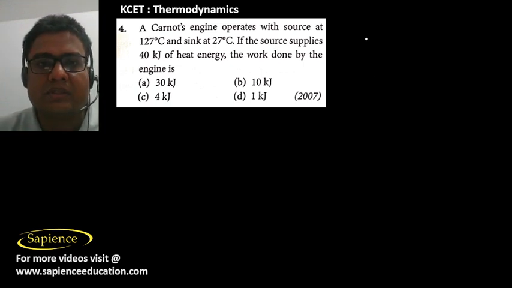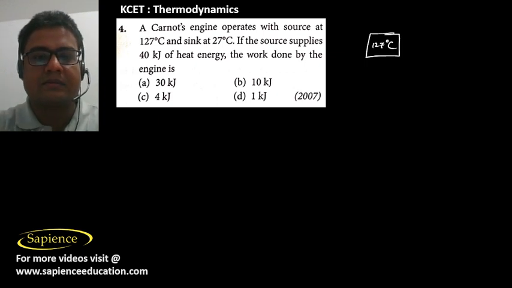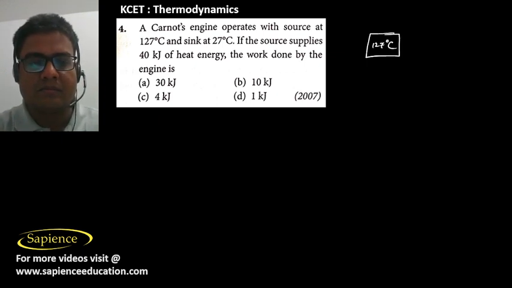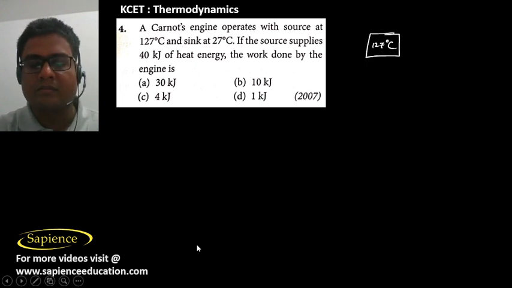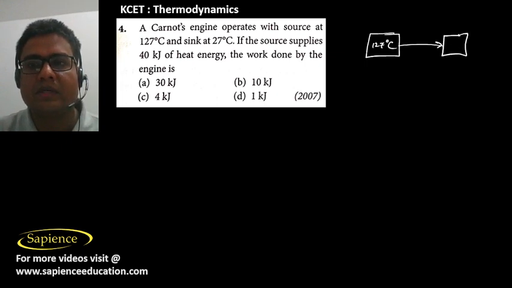So number 4: a Carnot's engine operates with source at 127 degrees Celsius and sink at 27 degrees Celsius.